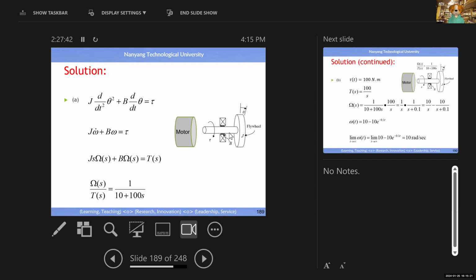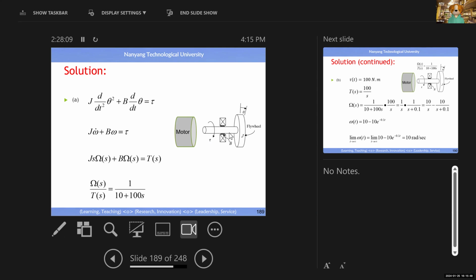Here we focus on angular velocity, then this is omega, this is omega dot, right? Because it's angular acceleration, right? You apply the Laplace transform. The first rule is when you see a derivative, in the frequency domain it is s. This is the Laplace transform of angular velocity. Then the Laplace transform of angular velocity is the Laplace transform of torque. Now you compute the ratio between the Laplace transform of output and input.